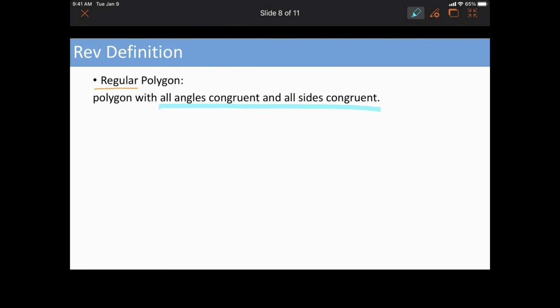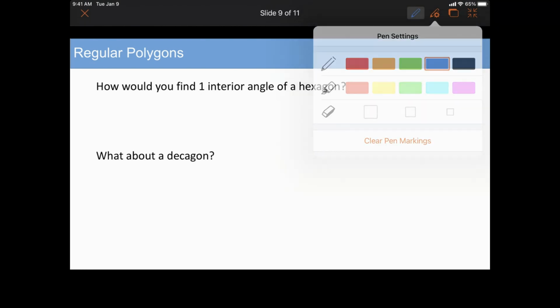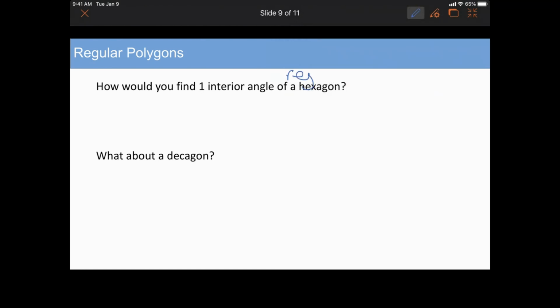Okay. So because of that, how would you find one interior angle of a regular hexagon? I forgot the word regular in that one. That really changes it, because without that, you don't know.